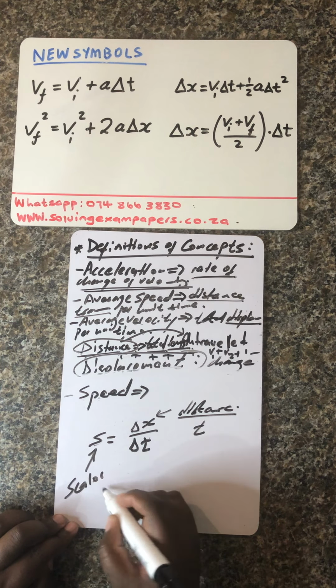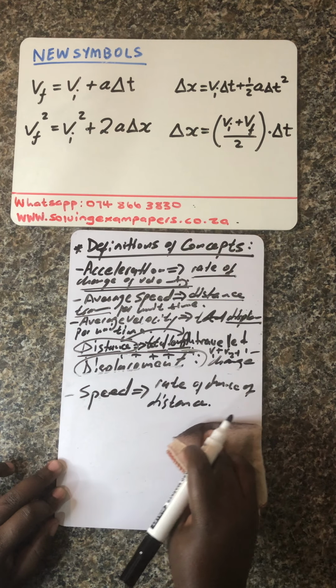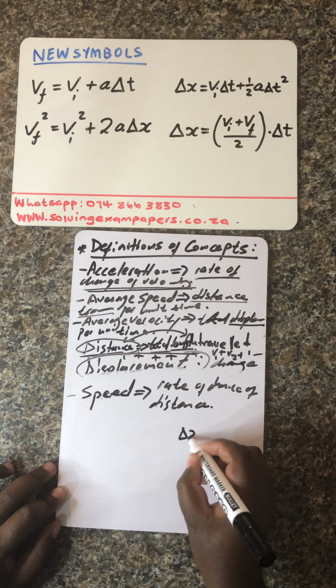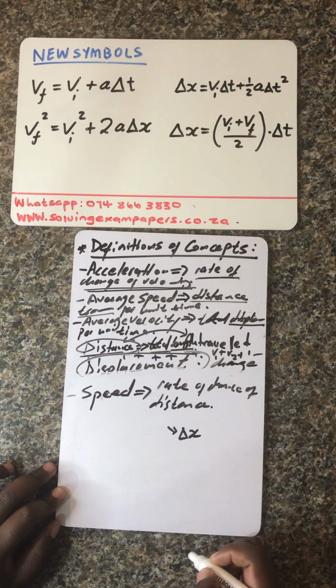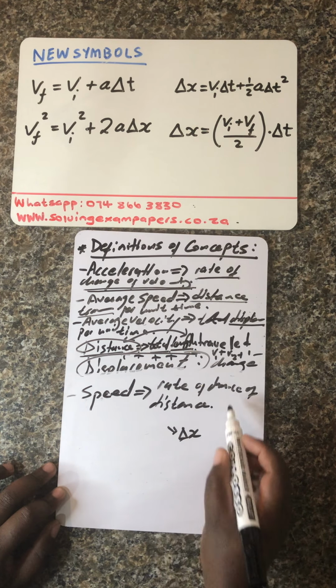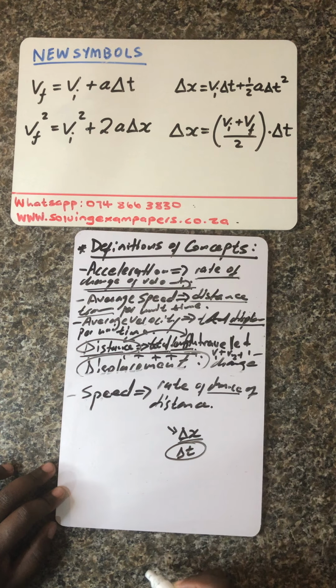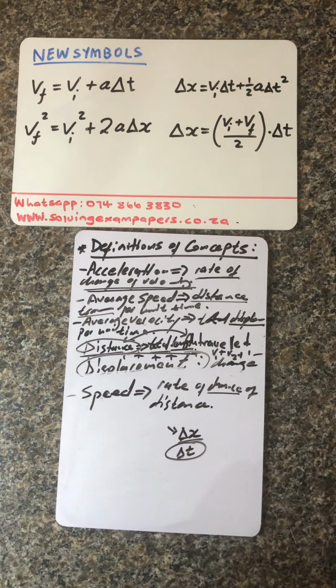Very, very much important, ladies and gentlemen. That's why it's important for you to write that delta x. That delta comes from that word change. Over, at all times you can just write delta t when we talk about the rate of something.